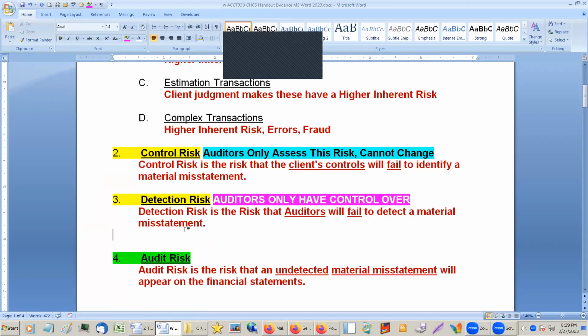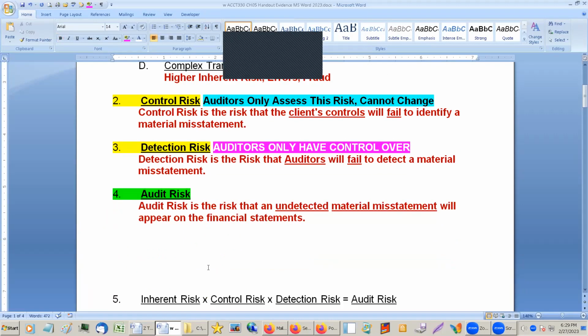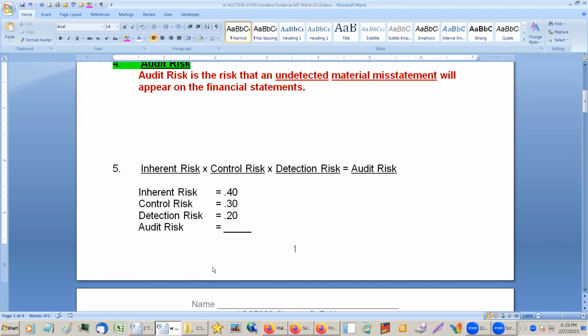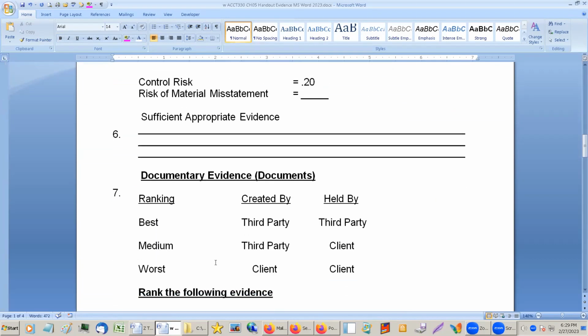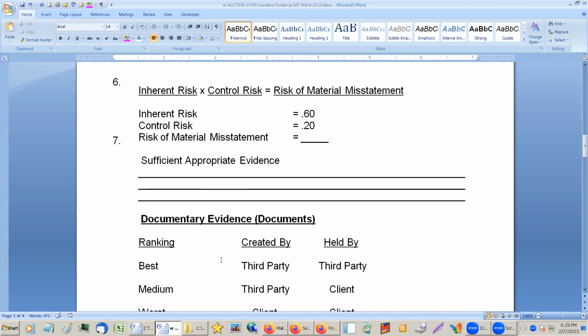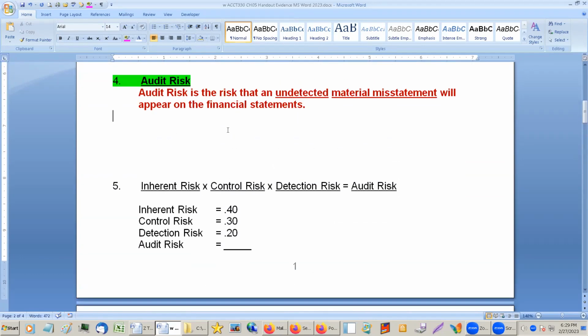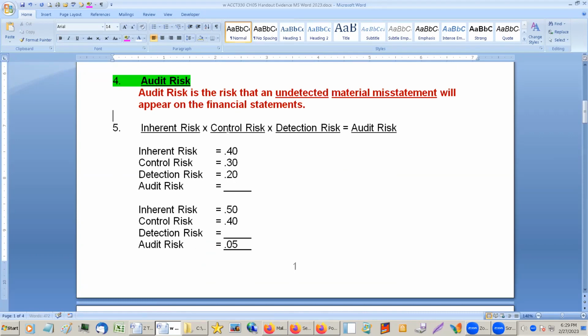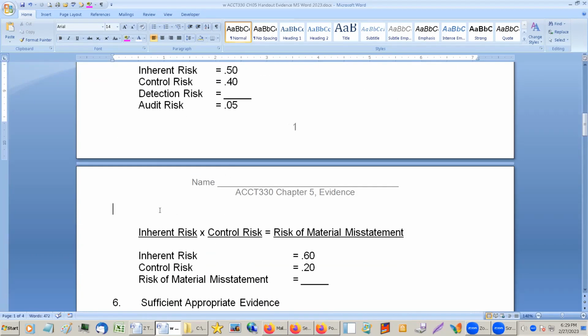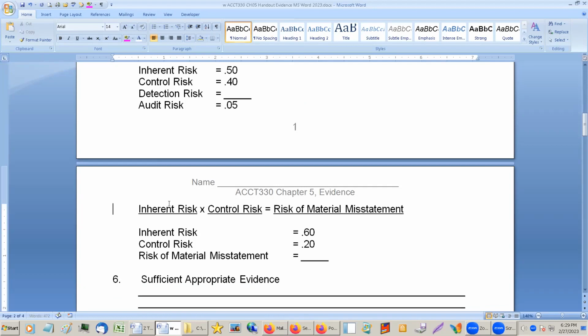Okay. Is this on the same page or not? All right. Not sure if these are all going to fit. Probably not. All right.